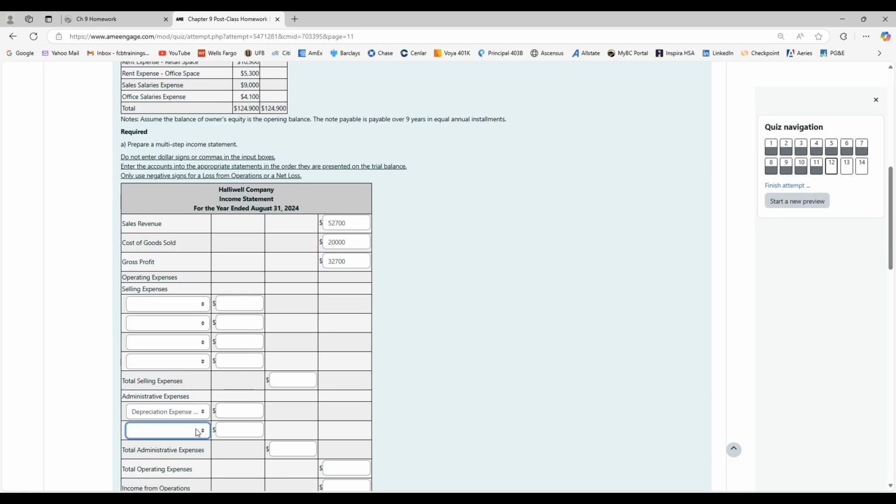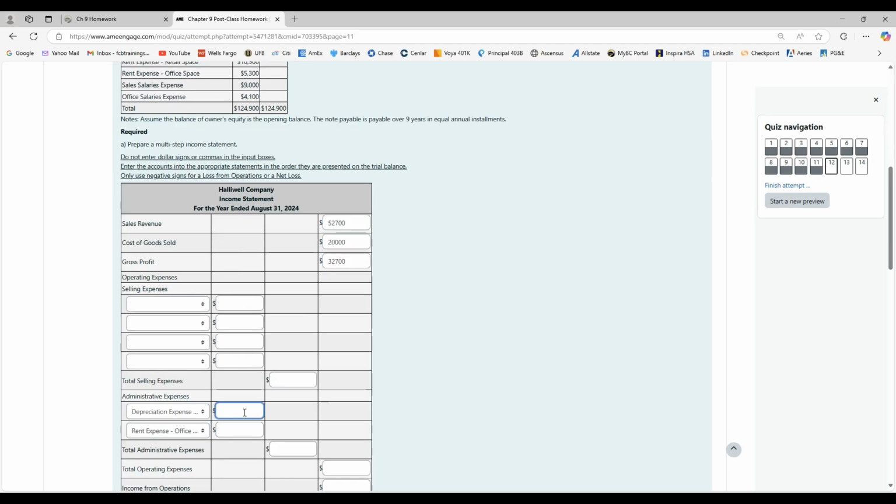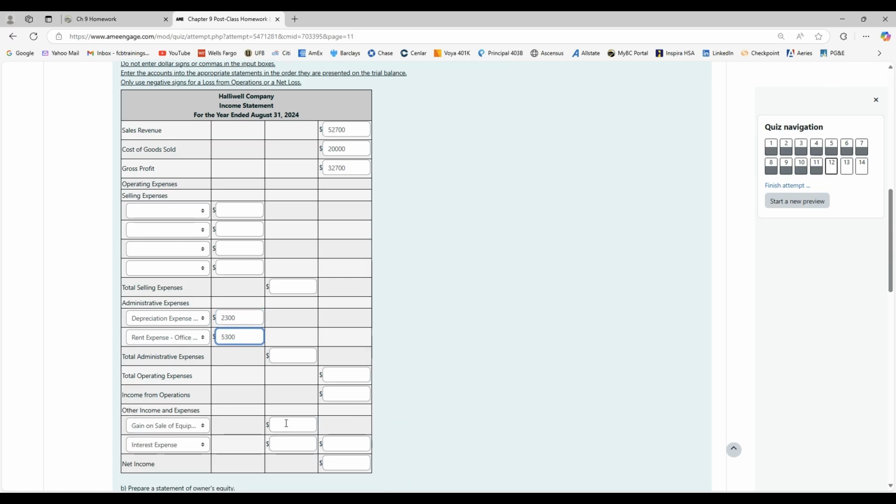So let's change that. And then the administrative expense side, we've got office rent and depreciation. So we've got that came first. And these are more administrative expenses in nature. And the depreciation expense was $2,300, and the rent expense for the office was $5,300. And let's put the numbers in here. The gain was $4,900. The interest expense was $600.